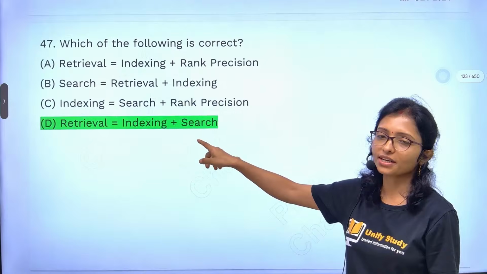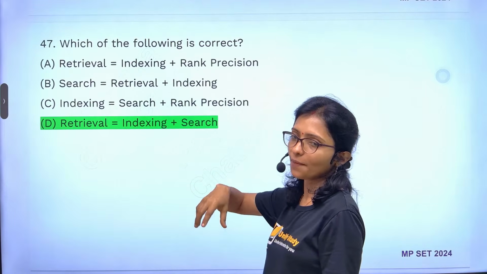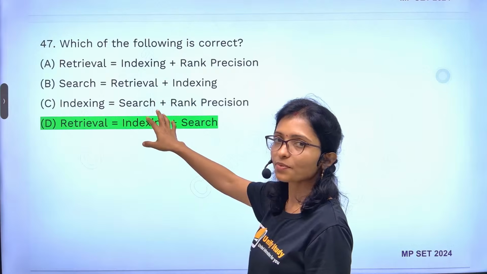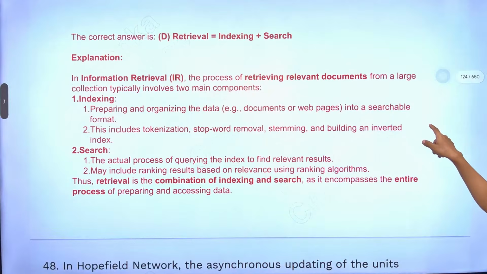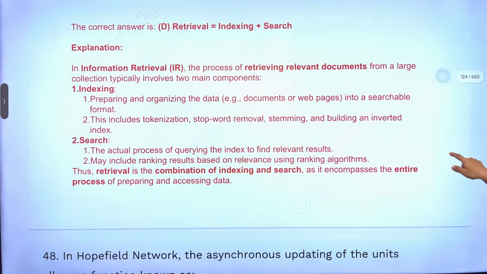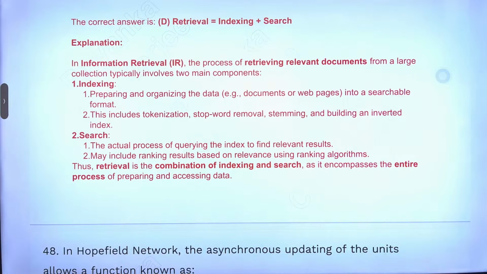It is the topic of indexing only. How are you retrieving the data? You first find the index, and after that you search. Information retrieval is a process of retrieving relevant documents from a large collection. So first of all indexing is required: preparing and organizing data into a searchable format, including tokenization and stop words. Then you have to do the search, the actual process of querying the index to find the relevant result. So retrieval equals index plus search.